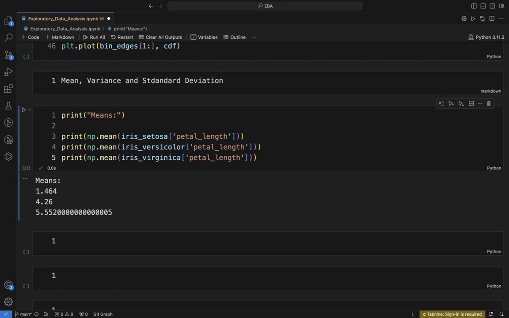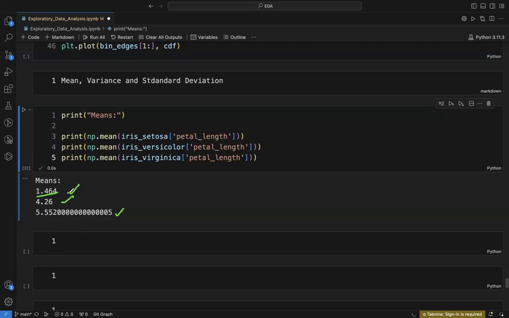Now, just by looking at these 3 numbers, no plot, nothing, I can quickly tell you that Setosa flowers tend to have a much smaller petal length as compared to versicolor and virginica, whose petal lengths are closer.